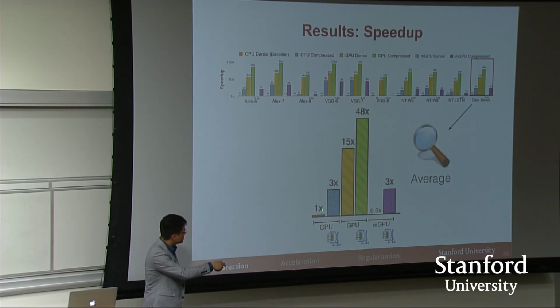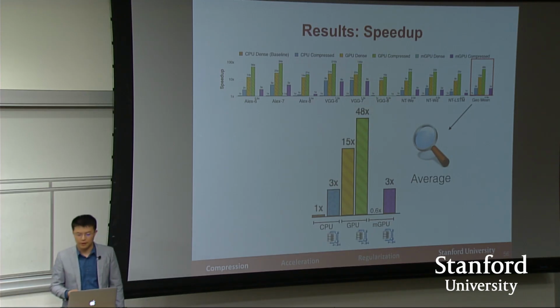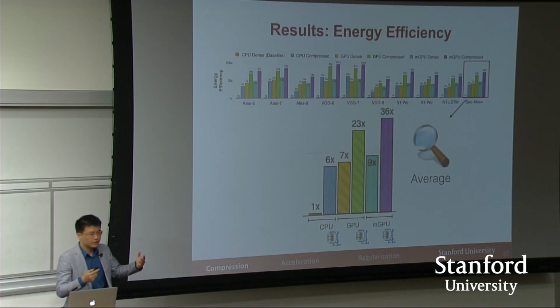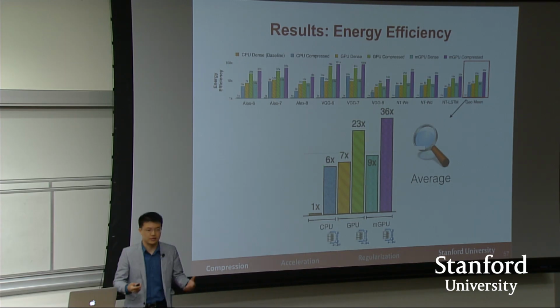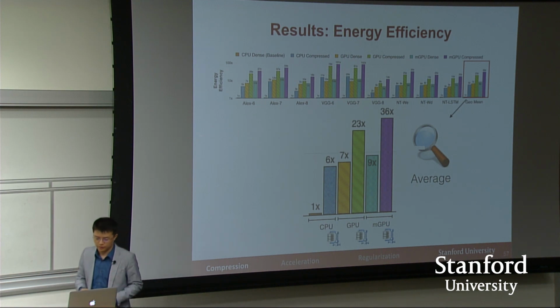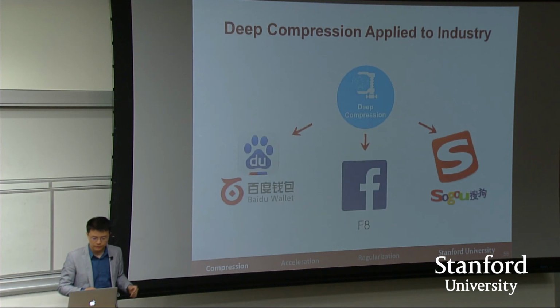On average, I observed about 3x speedup on the CPU, about 3x speedup on the GPU, and roughly 5x speedup on the mobile GPU, which is a TK1. And so is the energy efficiency, an average improvement from 3x to 6x on the CPU, GPU, and mobile GPU. And these ideas are used in these companies.